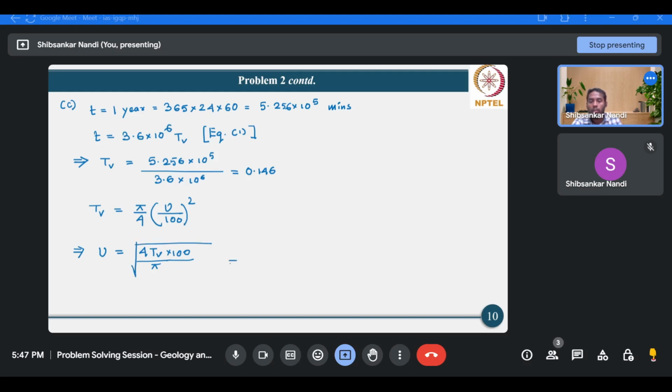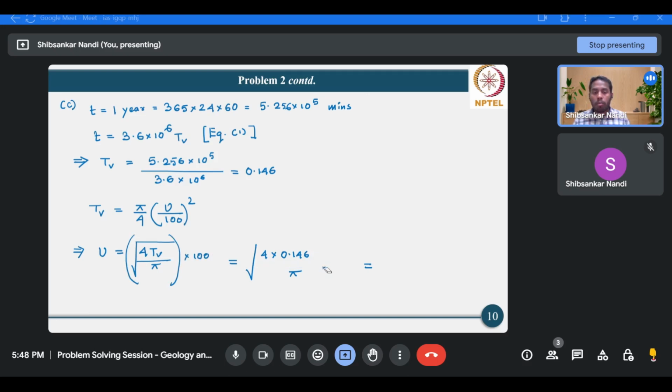So 4 into 0.146 divided by pi. Sorry, I think I made a mistake here, so please correct.